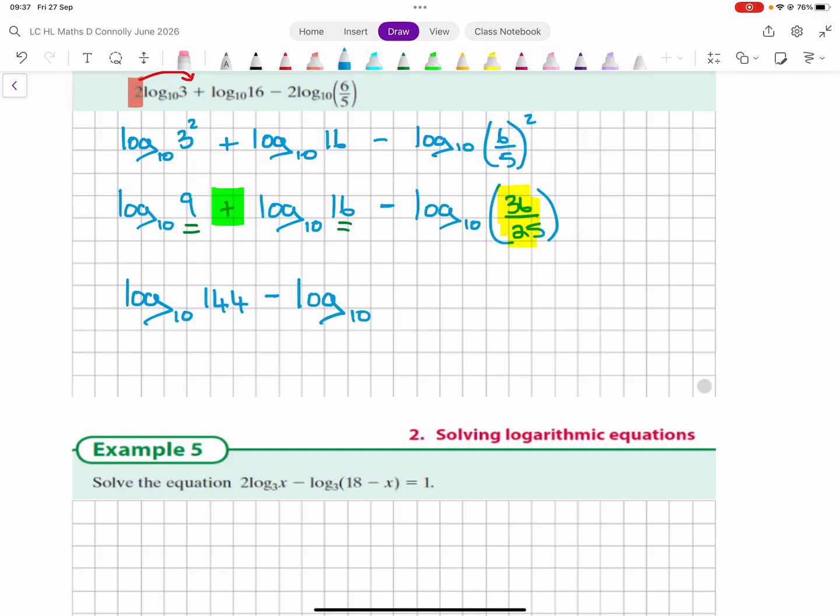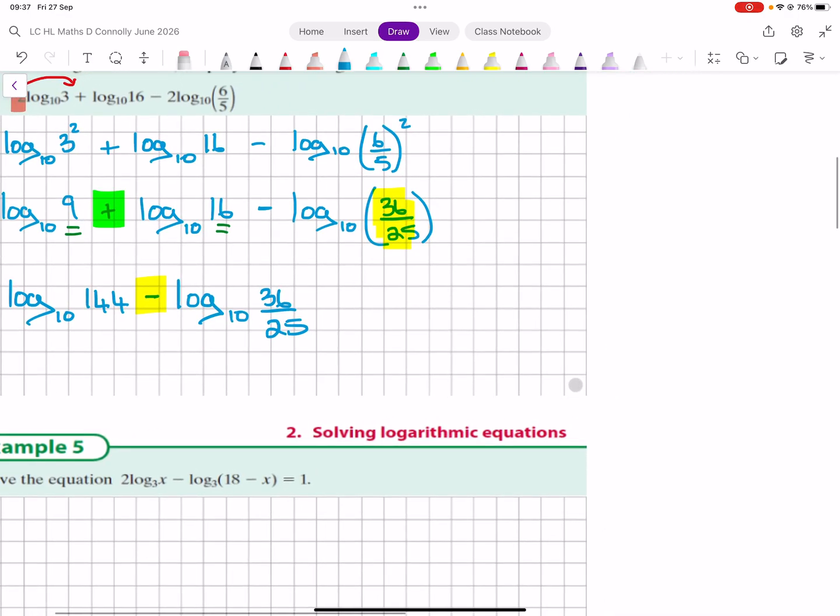So if I go log to the base 10 of 36 over 25. So this is a subtraction, which I can turn into a division. So if I go up here, we get log to the base 10 of 144 over 36 over 25.